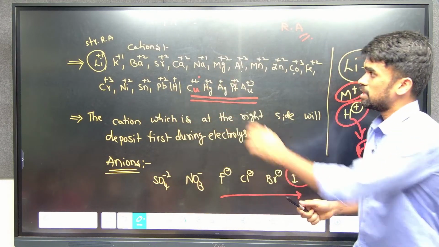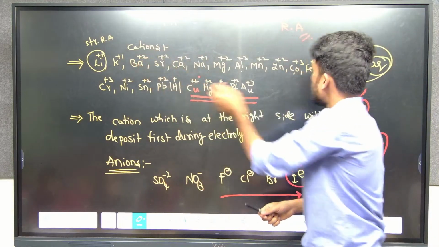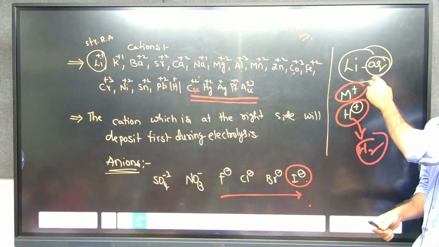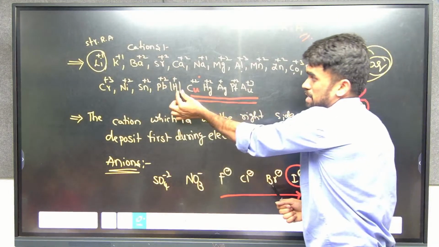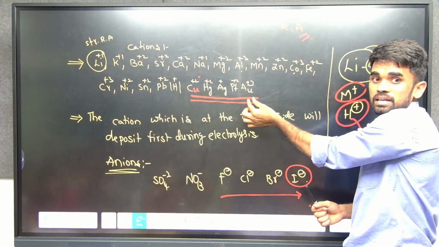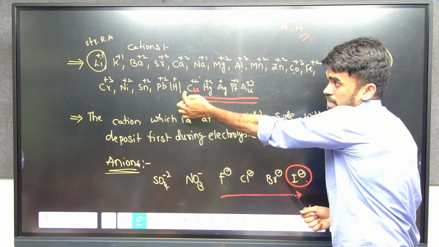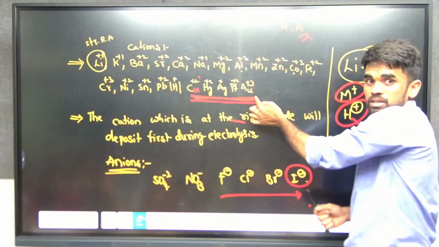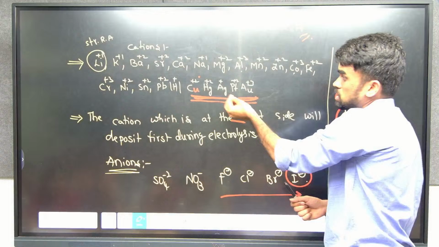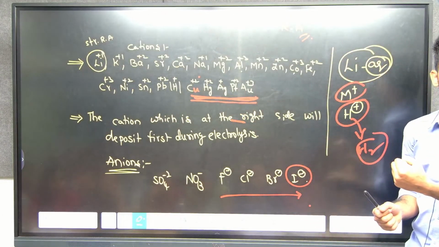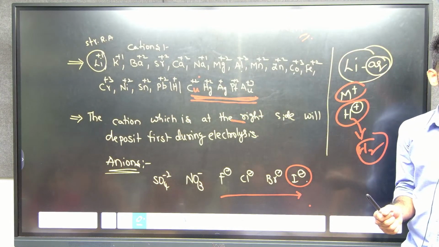Once again, if these metal ions are there in our aqueous solution, hydrogen gas will liberate. Along with our H plus ion, if the metal ions after the H plus ion, these chapa metals, are there, the chapa metals will deposit first. Within these chapa metals, who will deposit first? Rm. Is this clear what I am saying? Yeah.